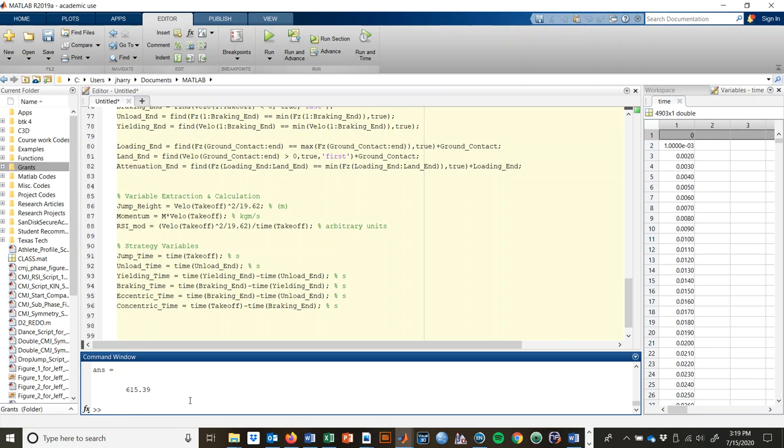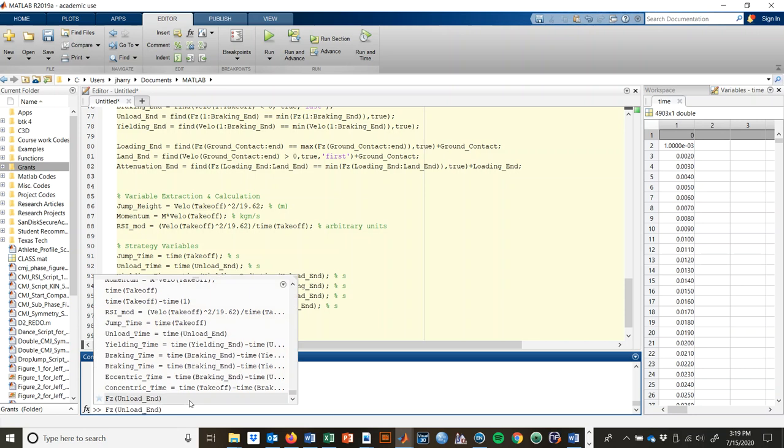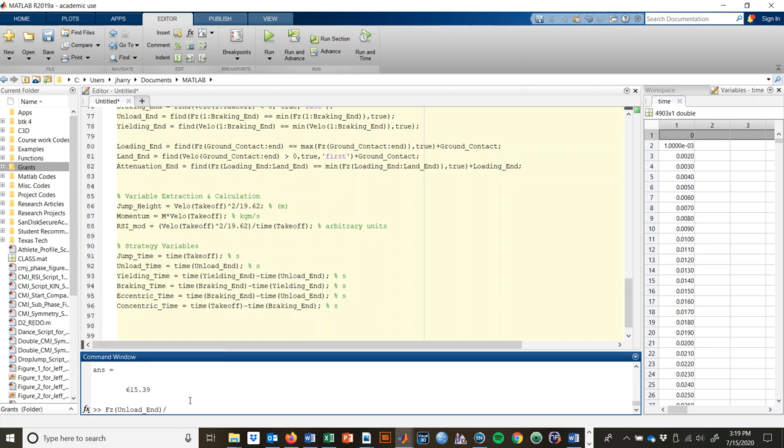Now, in most cases we want to normalize these variables to some sort of parameter like mass or weight. If we divide that by weight, we'll get 0.45 body weights. If we divide this by mass, we'll get 4.45 newtons per kilogram. Now that's all fine and dandy.